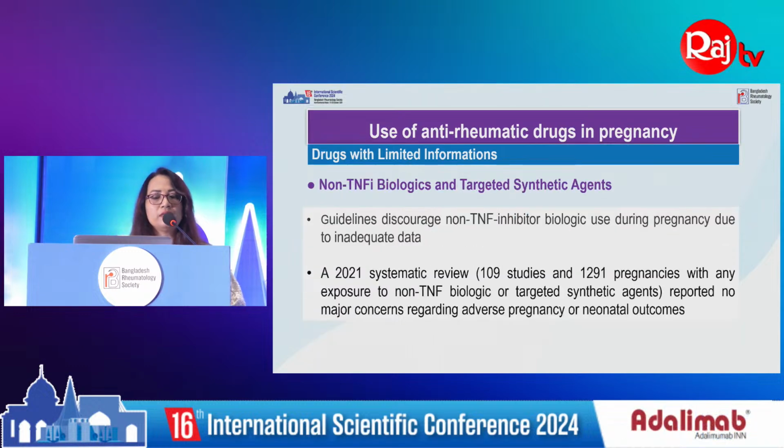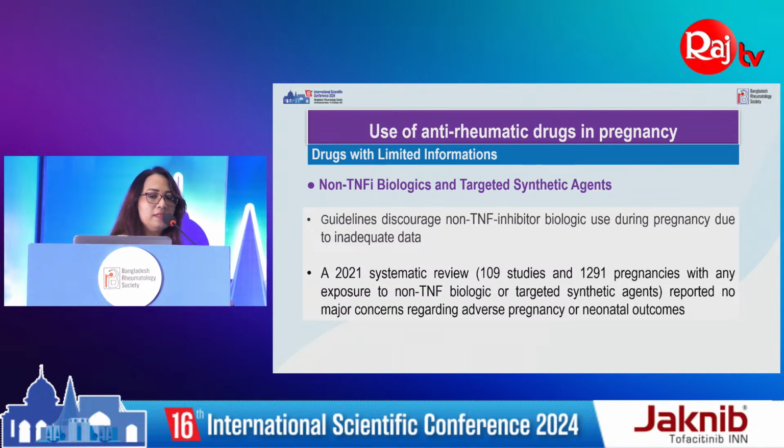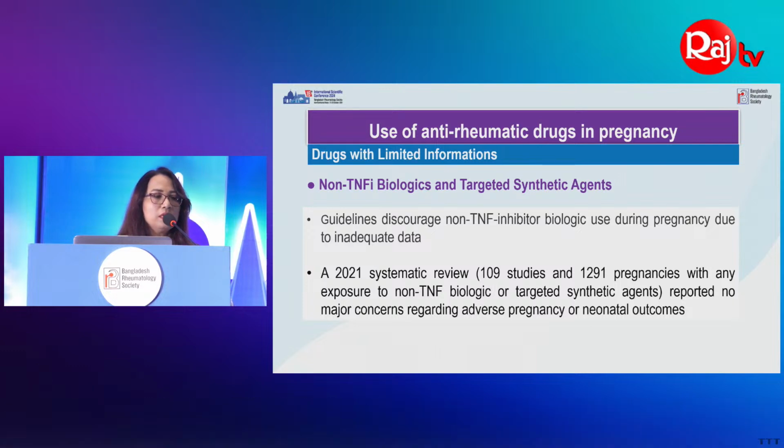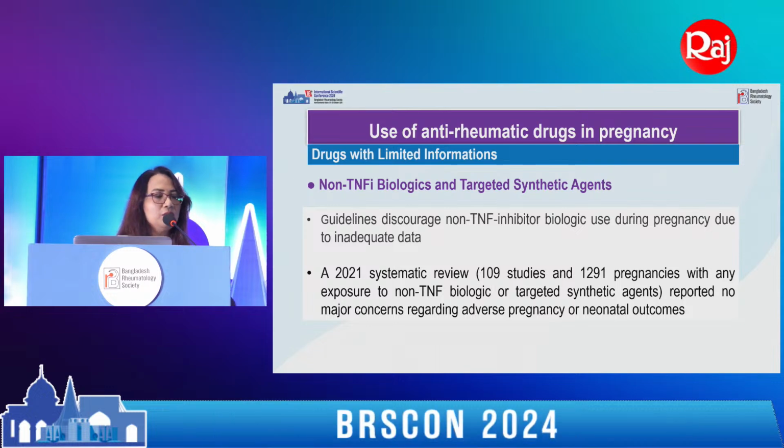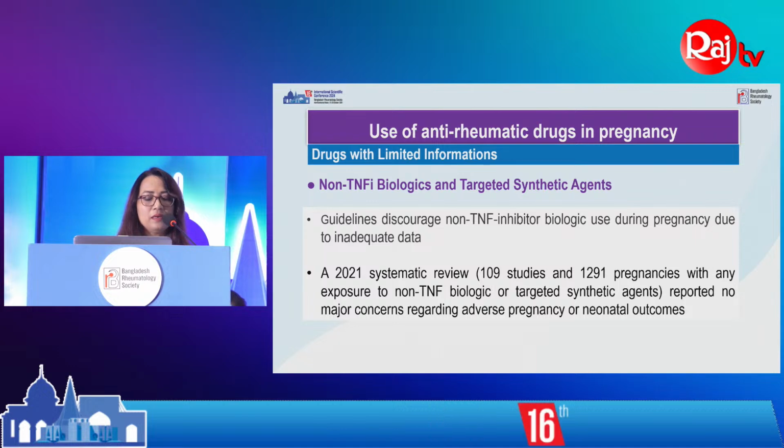Now some few words regarding the non-TNF biologics and targeted synthetic agents. For these drugs, very limited information is available about pregnancy safety data. So the guidelines mostly discourage non-TNF inhibitor biologic use during pregnancy due to that inadequate data.